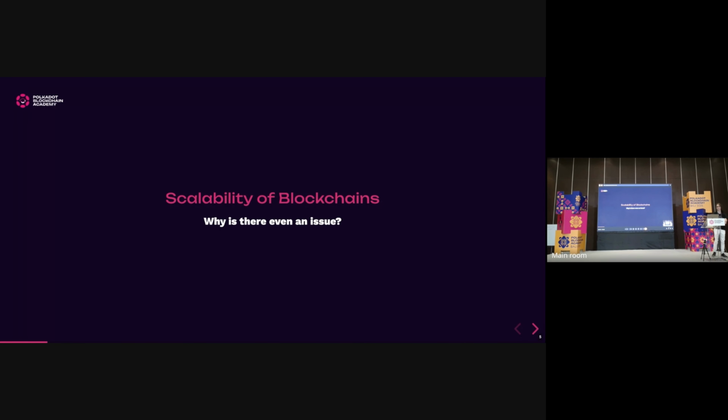For instance, IOTA tries to scale much more, but at the cost of losing decentralization by making validator nodes centralized. Or Bitcoin: it's decentralized and heavily secure, but can't scale.